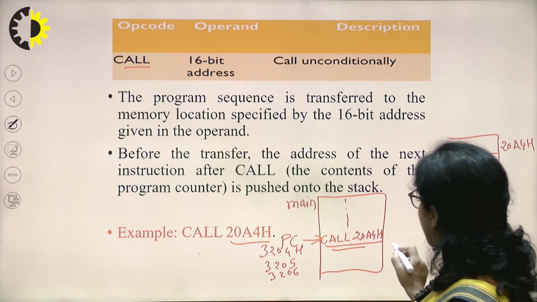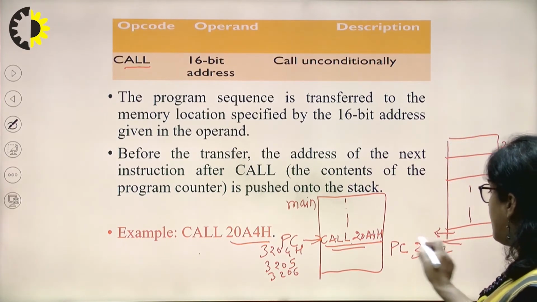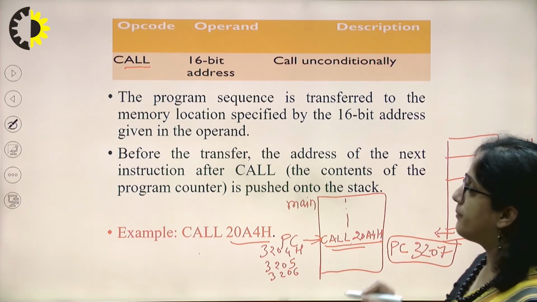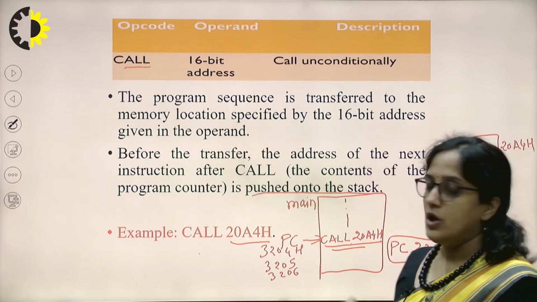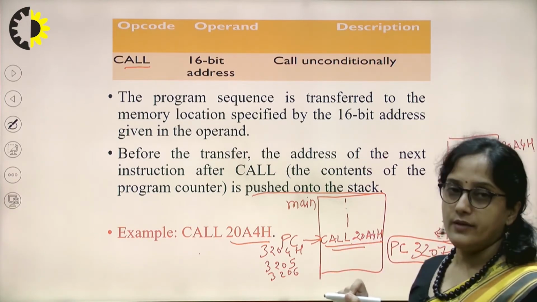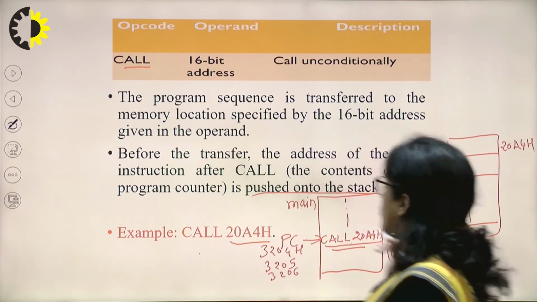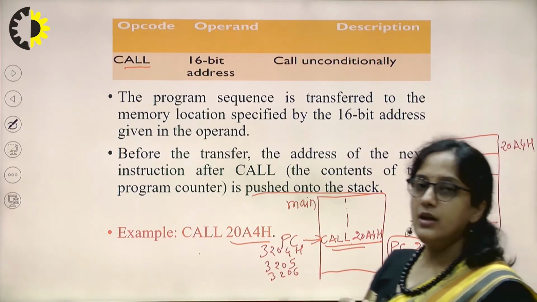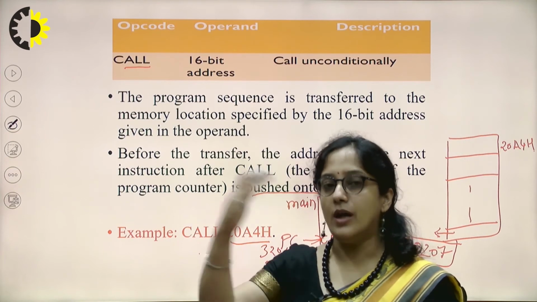So the PC content, that is 3207, has to be stored somewhere, that is, on the stack. Earlier, in case of jump, we don't require this 3207 because we are shifting the execution from one sequence to another sequence.